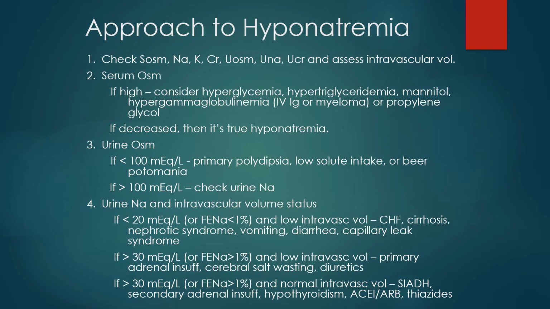The major cause of impaired water excretion in hypothyroidism appears to be decreased renal perfusion and GFR from the systemic effects of thyroid hormone deficiency on cardiac output and peripheral vascular resistance.